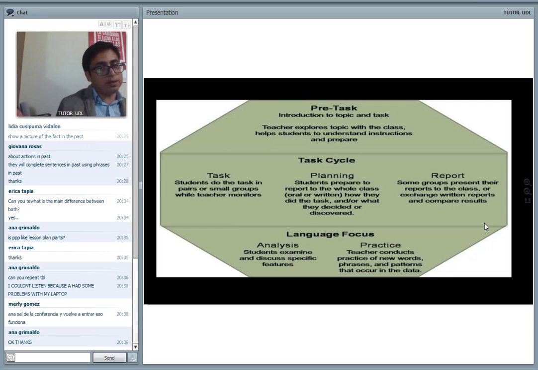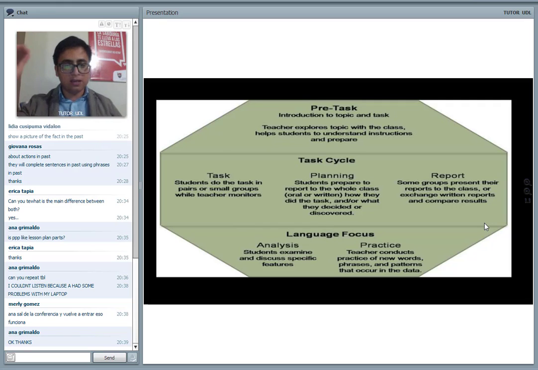So while the students are making their presentation, the others and the teacher are going to check if the presentation is right or not. Yes? So then, if there are some mistakes, with the teacher's help, they are going to correct them. Okay? And that's all. That's the task-based learning approach.